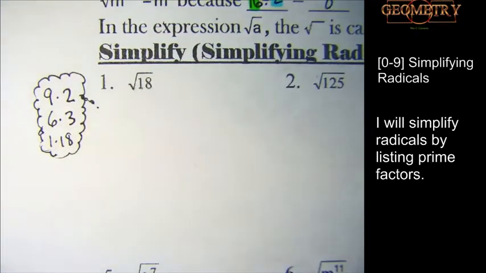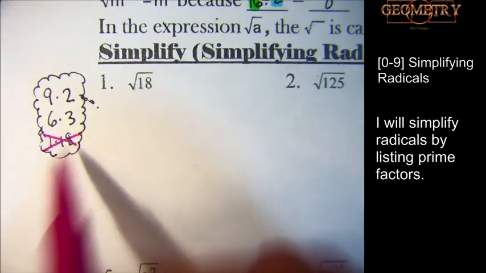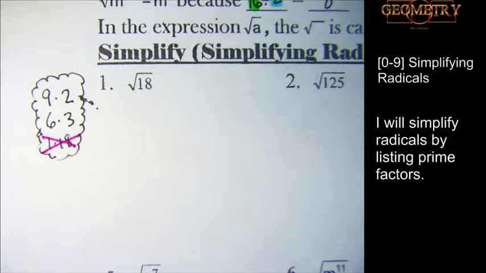All right. So I've made a list of all the factors. Now, as I'm looking at these, I'm going to tell you right now that any factor pair that has a 1 in it, while you're not wrong, it's not helpful. So we're going to throw that one out. So when we're making our list, we don't have to think about that one.